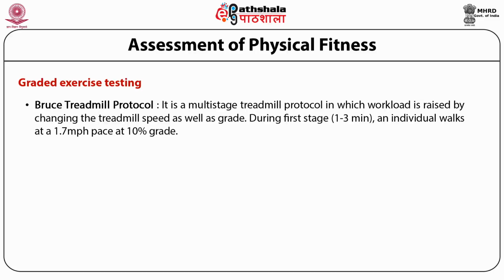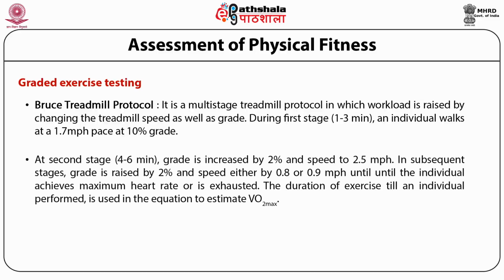During the first stage, that is the first to third minute, an individual walks at a speed of 1.7 mph at a 10% grade. At the second stage, that is from the 4th to 6th minute, the grade is increased by 2% and the speed to 2.5 mph.